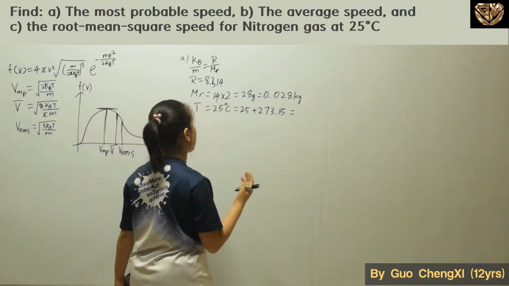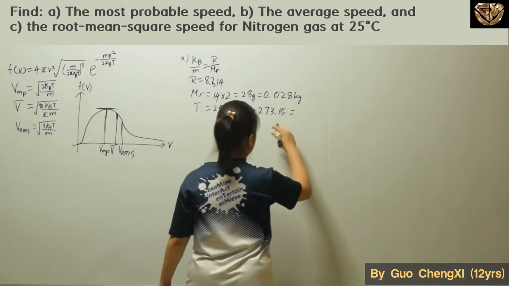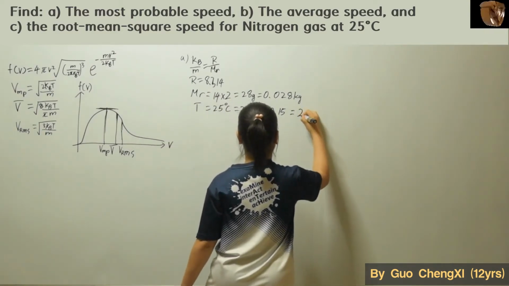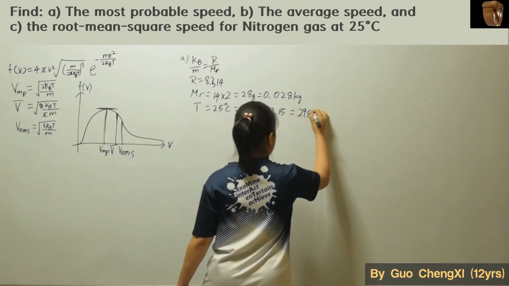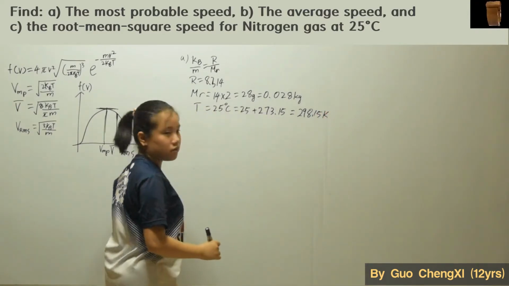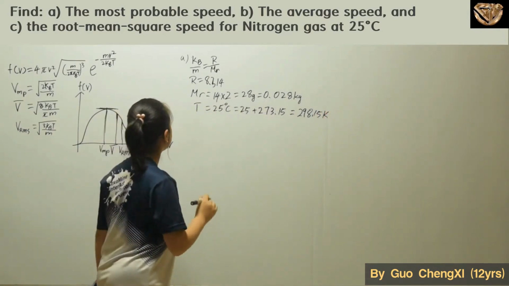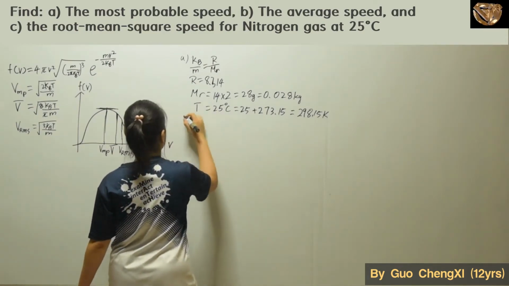While if you're talking about Fahrenheit, we're not going to deal with that for this lesson. So what we have is 298.15 Kelvin.